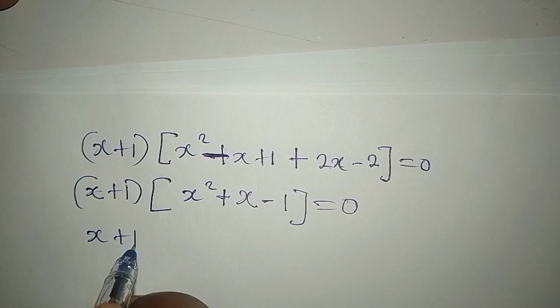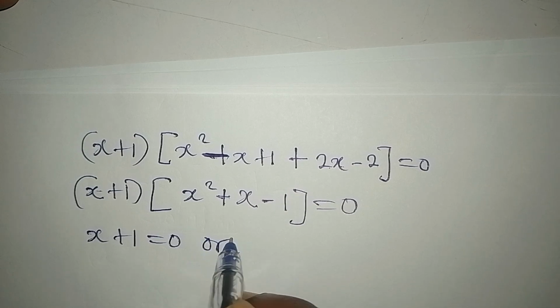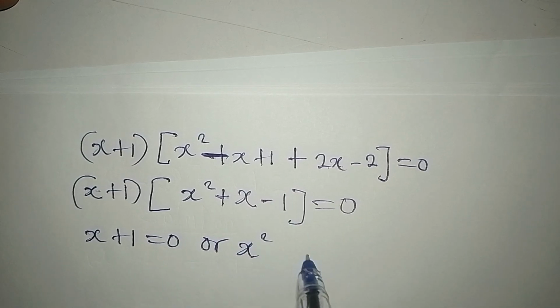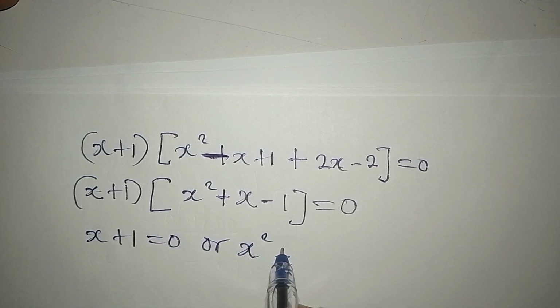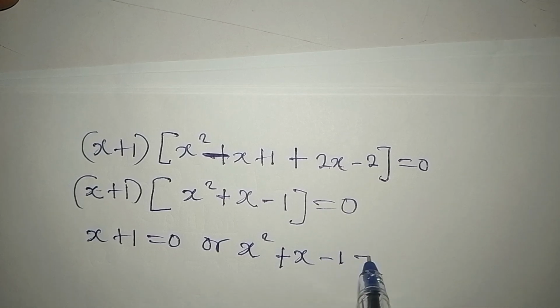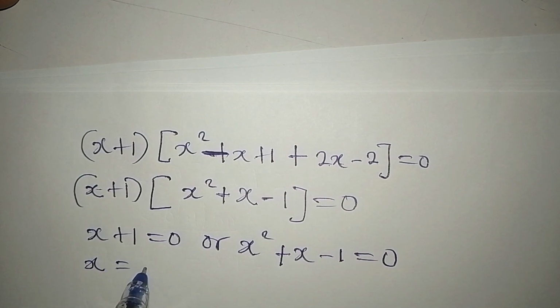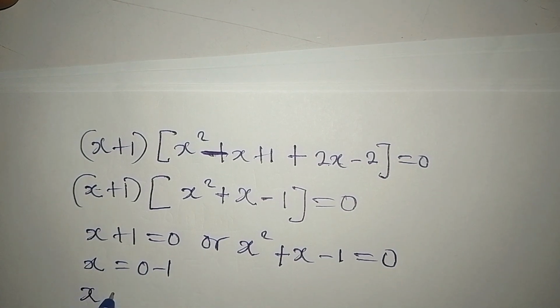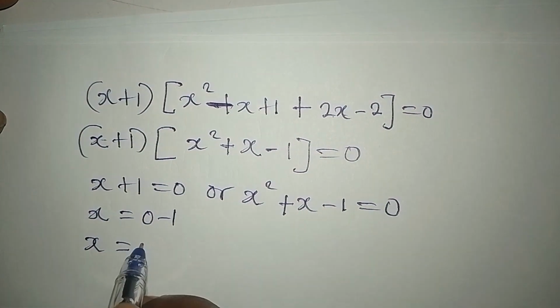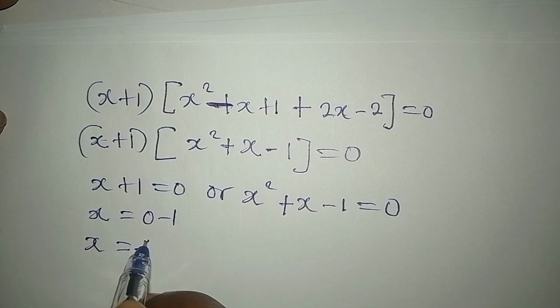x plus 1 equals 0, or the whole of this, x squared plus x minus 1 equals 0. From here, x is equal to 0 minus 1, and x is equal to negative 1.